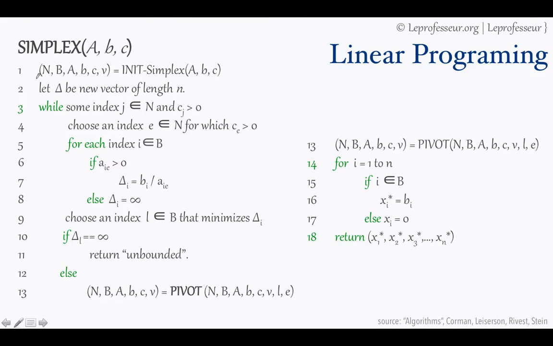Then we basically get the basic set, the non-basic set, and the value of the objective function to start with, and the rest of the procedure is simply that we keep on iterating till we have no more variable left to enter our basic set, and we keep on finding the new pivot.